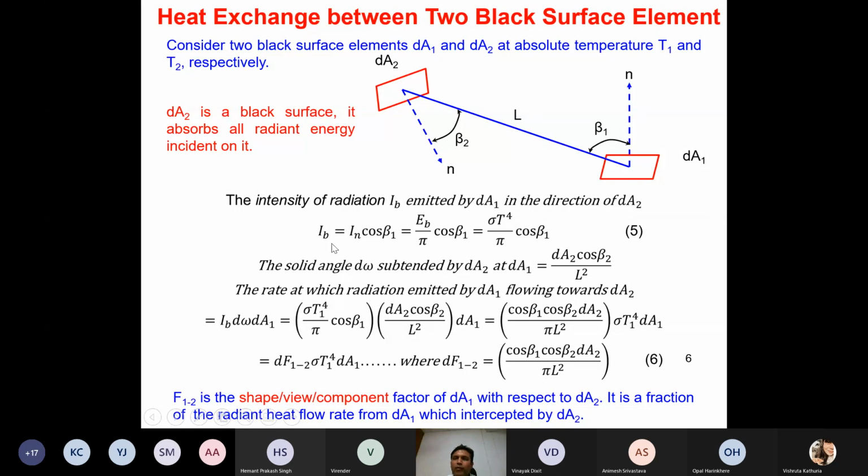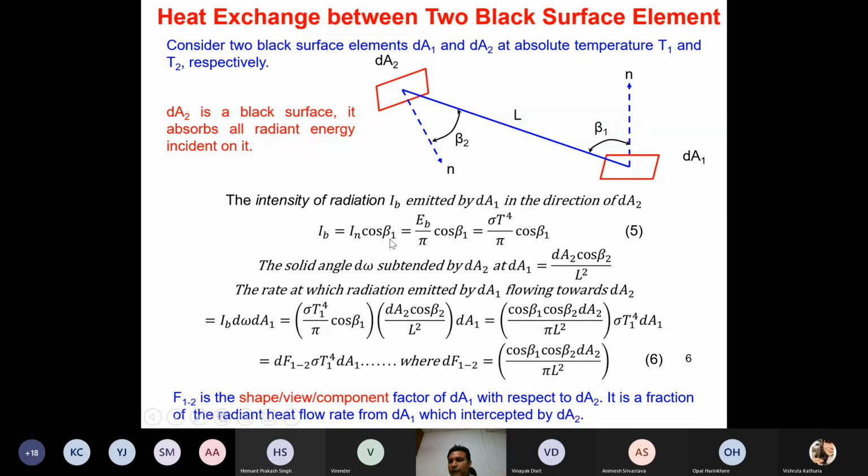So the intensity of the black body in this case is given as the intensity of the radiation I_B emitted by dA1 in the direction of dA2. Whatever the intensity of radiation from dA1 in the direction of dA2, that can be given as the intensity of the radiation in the normal direction, I_N into cos beta 1. So this is the angle which the normal is making with dA2.